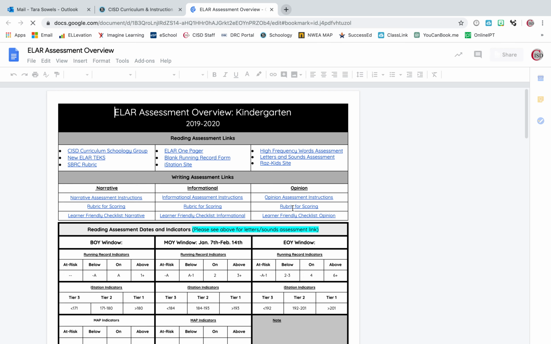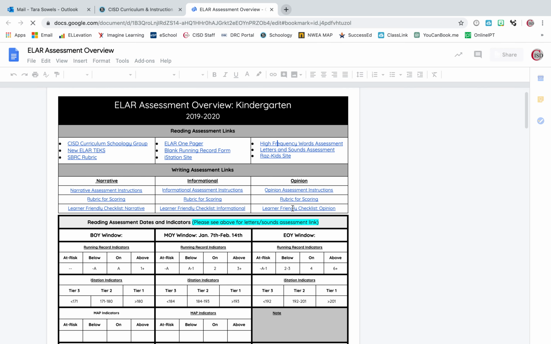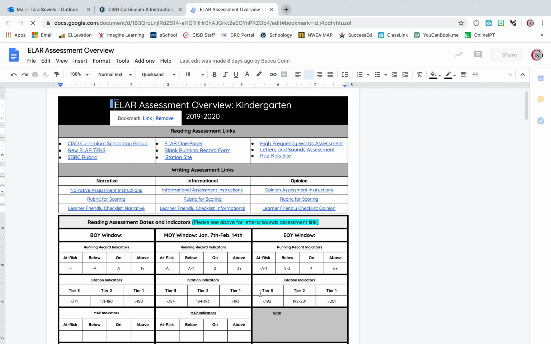I'm waiting on this page to load, but while I'm waiting, I can tell you some of the other indicators here. For example, the running record indicators and the iStation indicators, those numbers are going to be reflective of ISIP and EDL as opposed to DRA or whatever leveled readers you're using, and what those levels should be in Spanish, right?